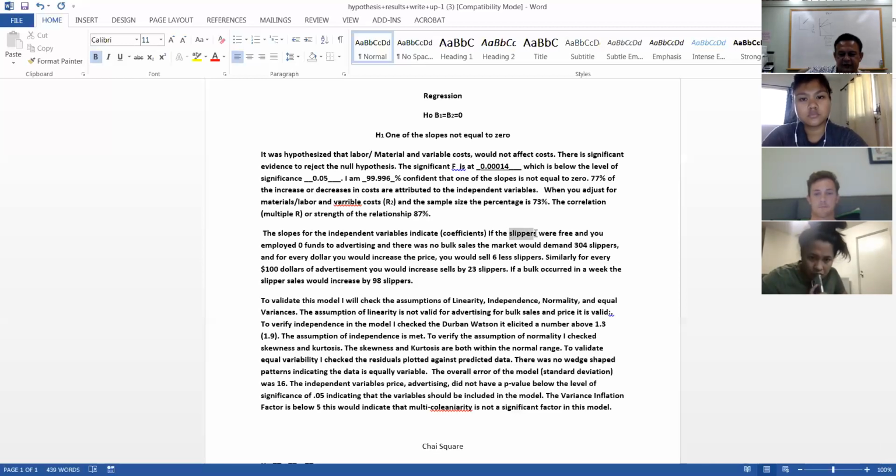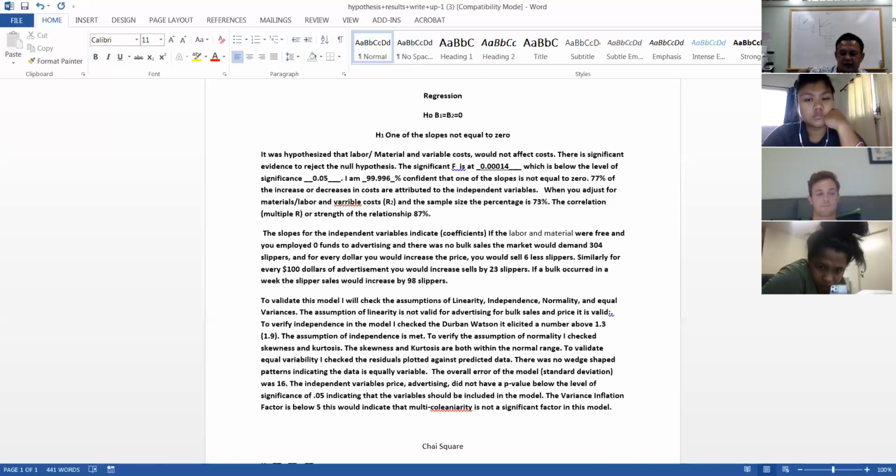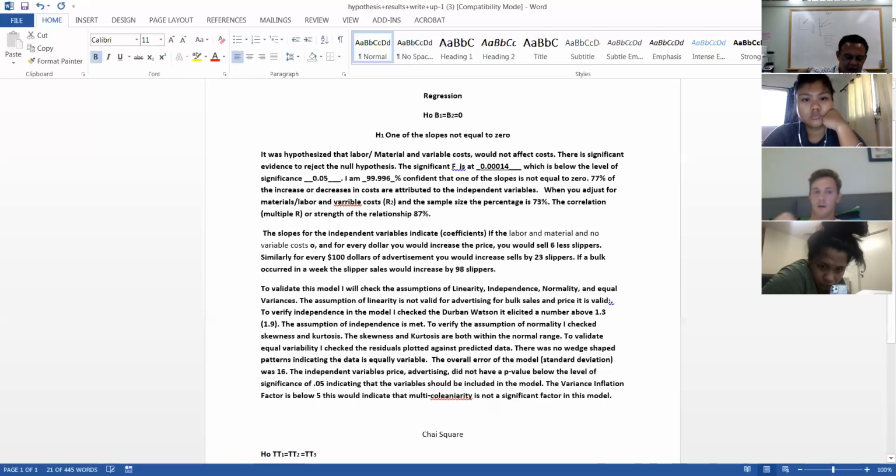So what we're looking at here, if labor and materials and you had no variable costs, our base cost would be, if that's in dollars, it would be $9.